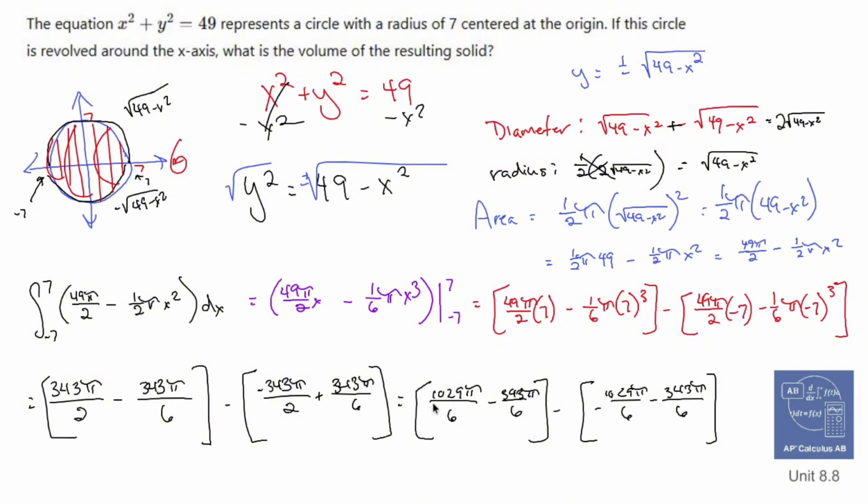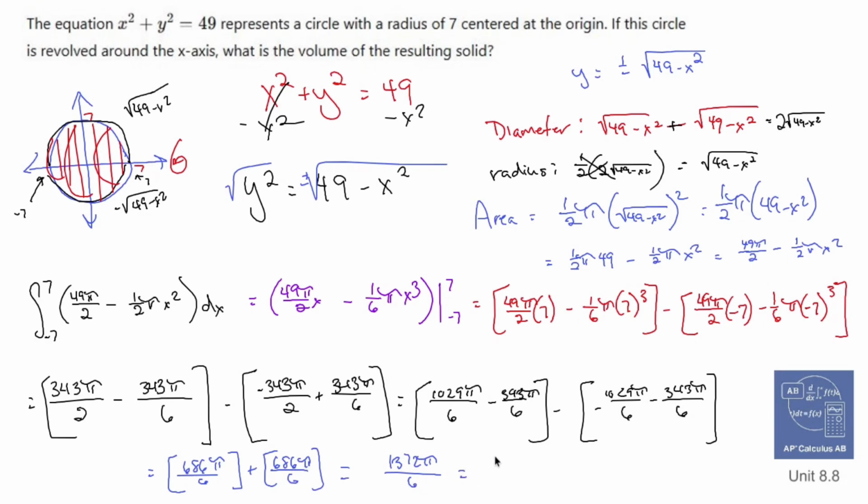Because space is limited, maybe I can squeeze this down here. I'll keep going. That will be 686 pi over 6 plus 686 pi over 6, which is going to total out to 1,372 pi over 6.